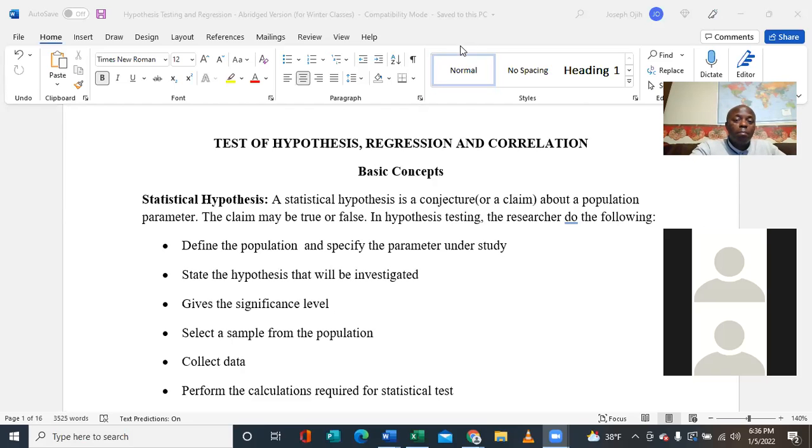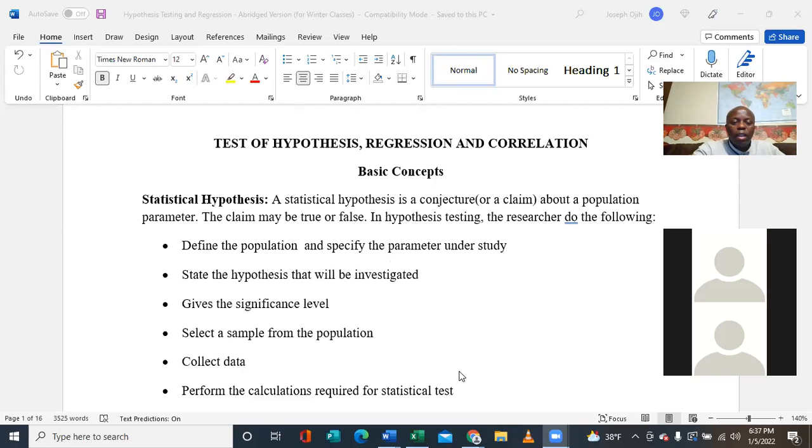The claim can be true or false, but until you test the claim and verify it, you cannot make an inference or conclusion. So you guys can see the screen, I believe. Am I right? Can you see my screen?